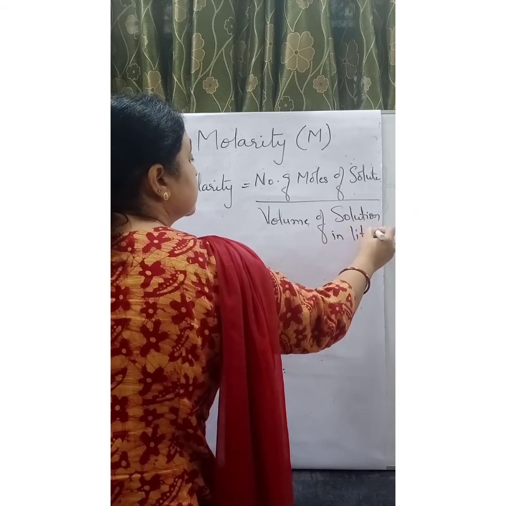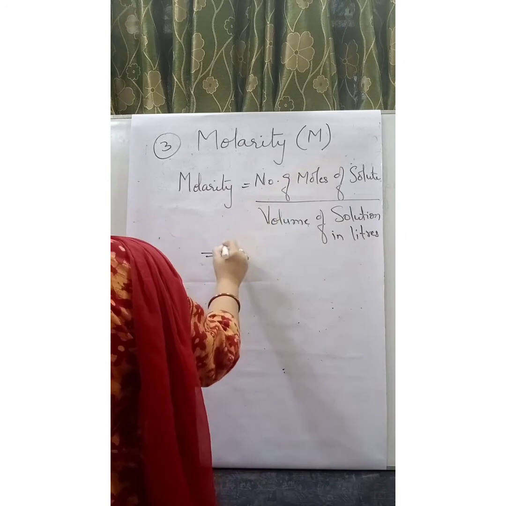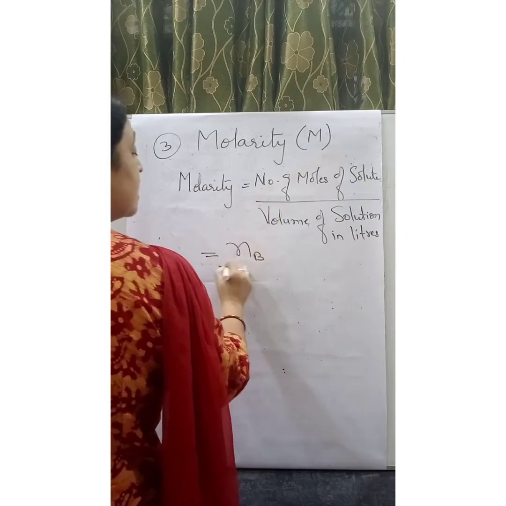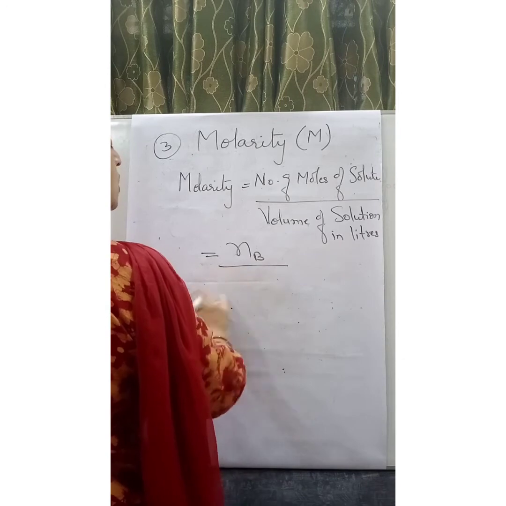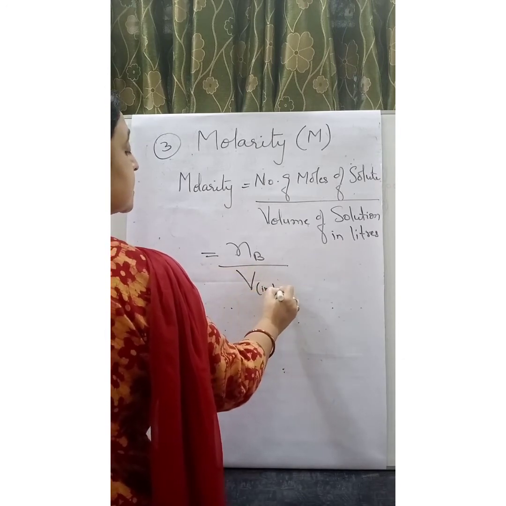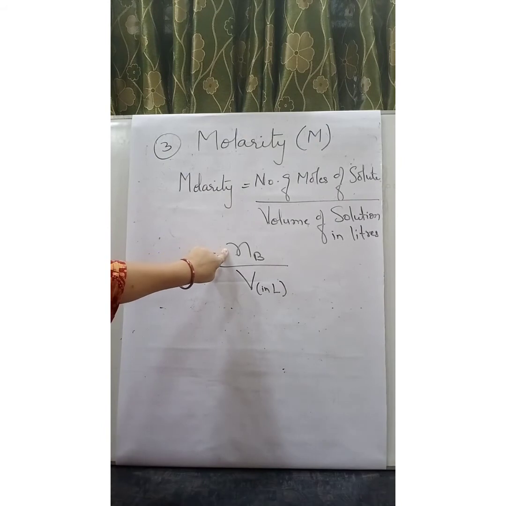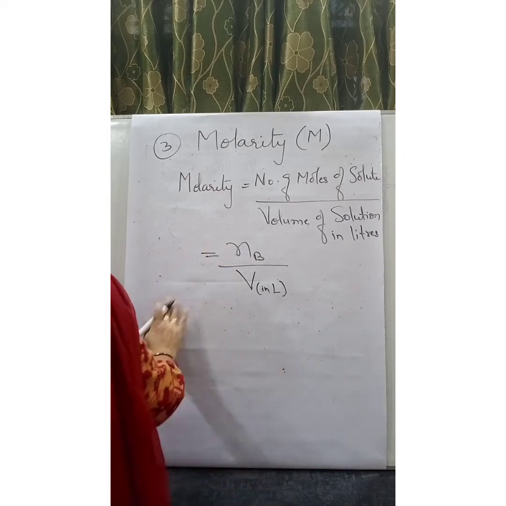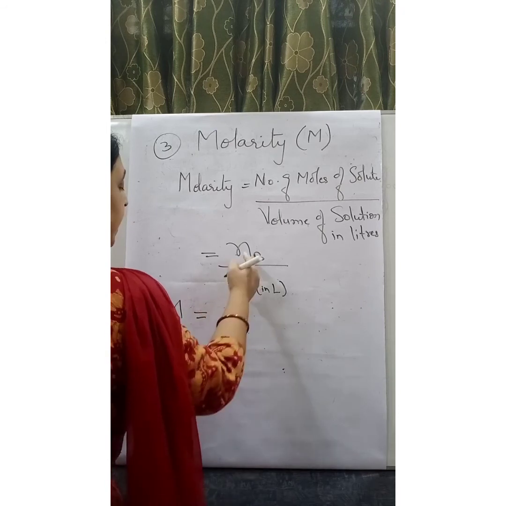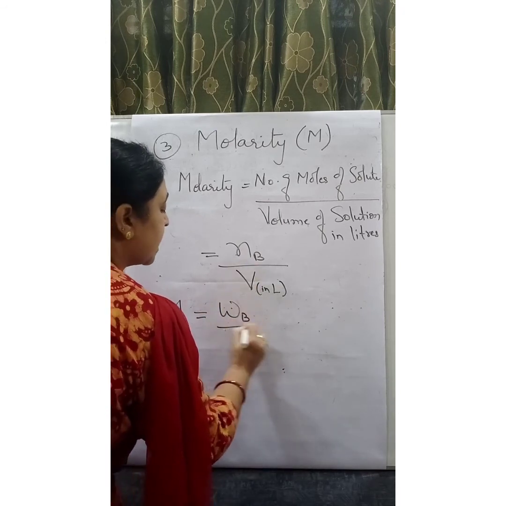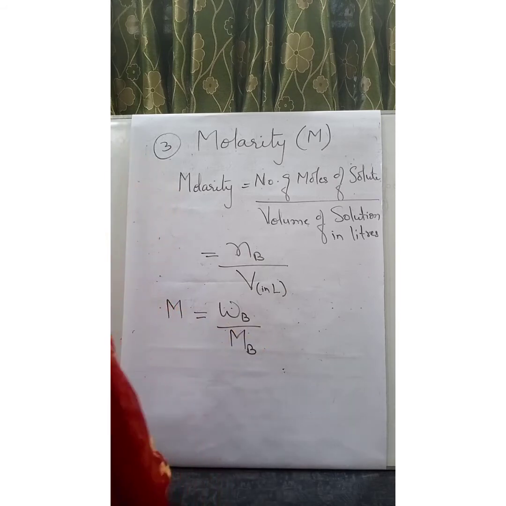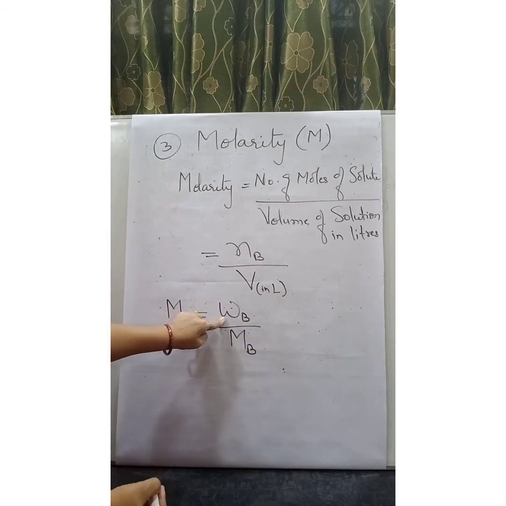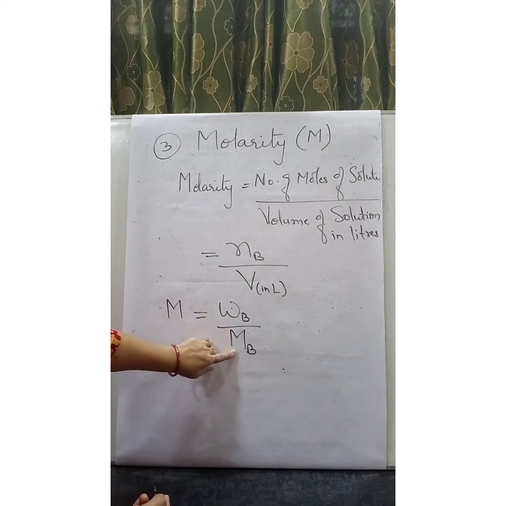Number of moles of solute can be written as Nb upon volume of solution in liters. Number of moles of solute can be determined by given mass of solute upon molar mass. So molarity can be expressed like this. Nb can be written as Wb upon Mb, where Wb is the given mass of the solute and Mb is the molar mass of the solute.